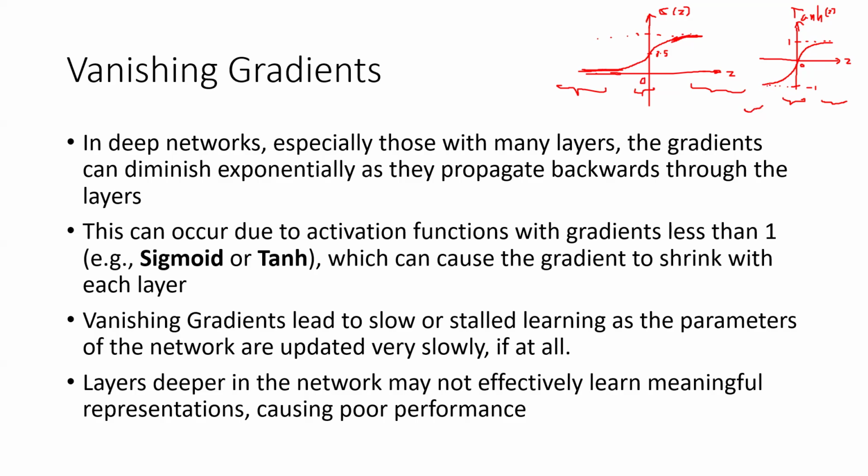So when you are moving into the inner layers, if you face higher positive or higher negative z values, the gradients would move towards 0. By looking at these functions, you can tell that this is mainly due to the nature of the sigmoid and tanh functions.